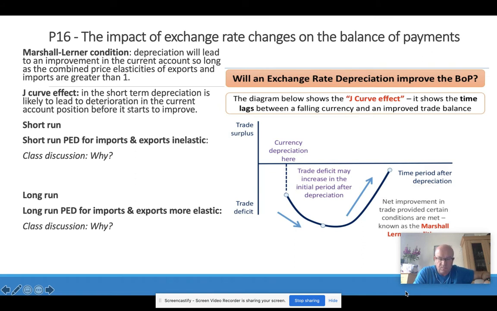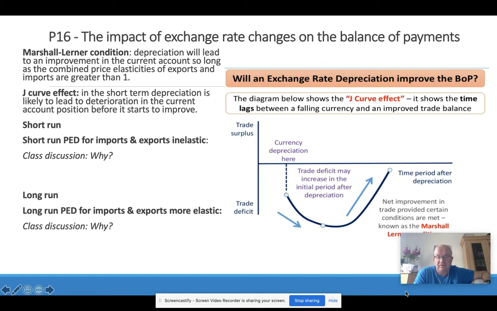Okay, and effectively, what the Marshall-Lerner condition says is that if we have a depreciation in the value of our currency, that will actually lead to an improvement in the current account, the difference between imports and exports, so long as the combined price elasticities of both exports and imports are greater than 1.